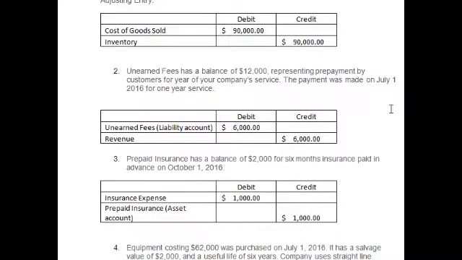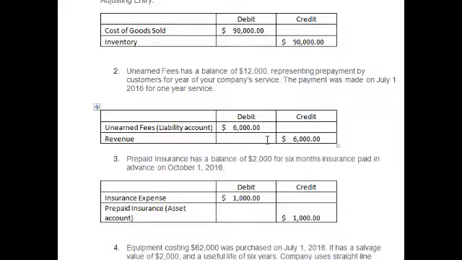The remaining 6 months will be delivered next year. At first it was $12,000 shown as unearned fees, but since we have delivered half of the 12 months of service, we should reduce that amount by 6,000 and recognize revenue now.